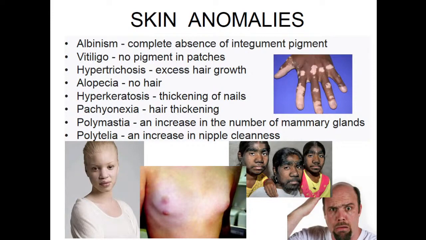In this picture we can see a girl with hair without color. Next, vitiligo. These are pictures of hands and fingers which have dark and light parts. Here there are no pigments in patches.